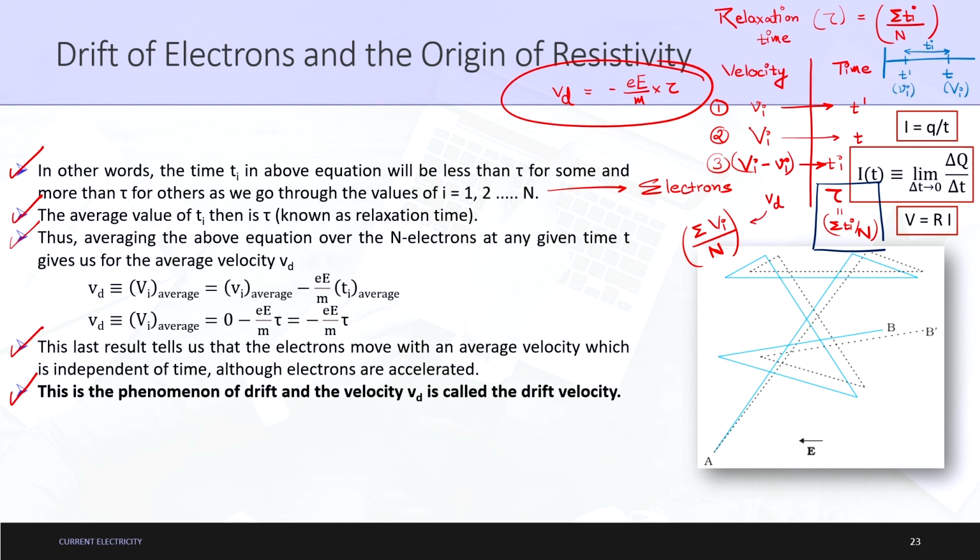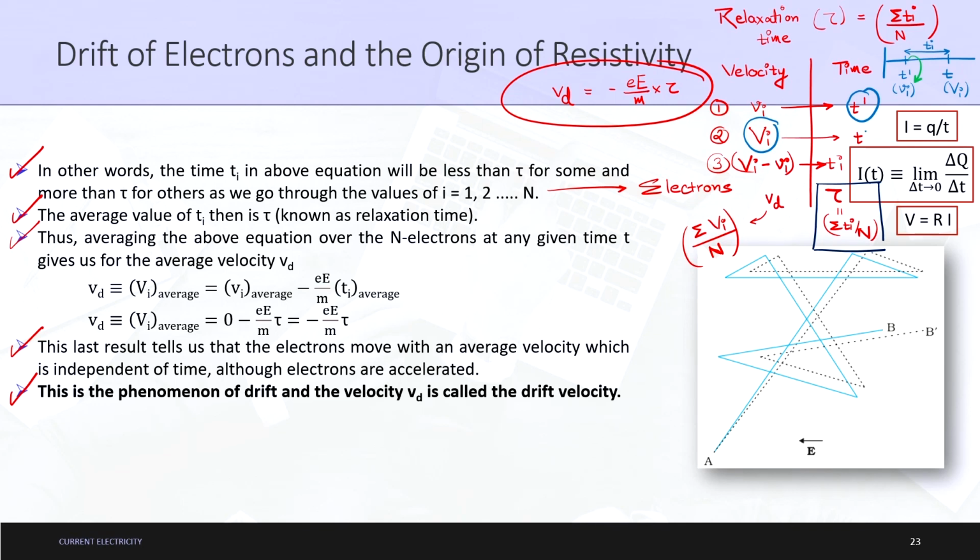Small vi is nothing but the velocity after the collision has occurred. So this is the point at which we are finding the value of small vi. Then this velocity occurred at some time t dash. Next is capital Vi, after which the collision occurred after some time ti.